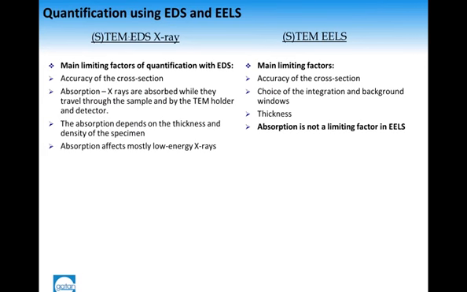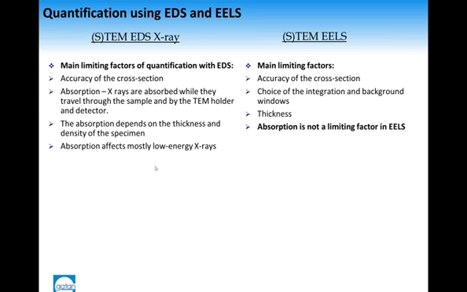So again, looking at quantification using EDS and EELS. The main limiting factors of quantification using EDS are the accuracy of the cross-section and the absorption. So we learned already what absorption is. In general, the X-rays are absorbed while they travel through the sample and by the TEM holder and detector. And the absorption depends on the thickness and density of the specimen.